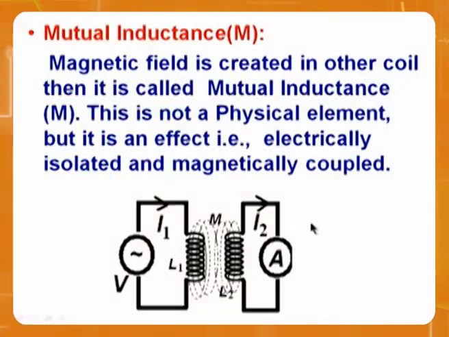That's why I have given a statement here. These two coils we see here are isolated. There is no connection between them. That's why I have written a sentence: electrically isolated and magnetically coupled. These two coils are coupled with magnetism or magnetic flux, but they have no link between them.